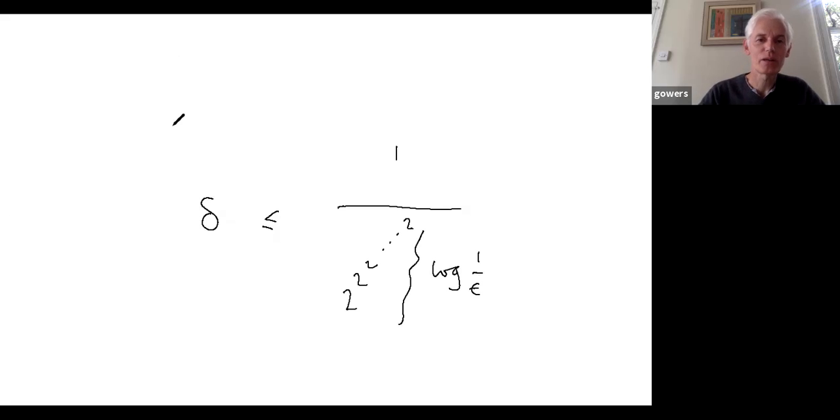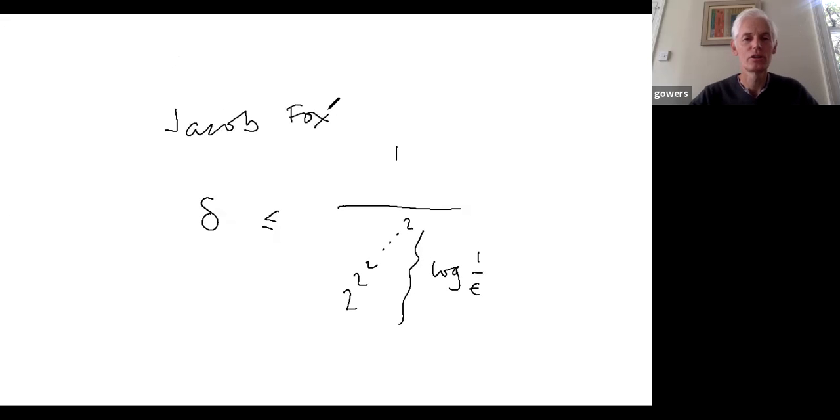What I'm saying here is, supposing you want to remove at most epsilon n squared edges from your graph to get rid of all triangles, you'll be okay if there are at most delta n cubed triangles, as long as delta is smaller than this number. And that was due to another very good combinatorialist called Jacob Fox.